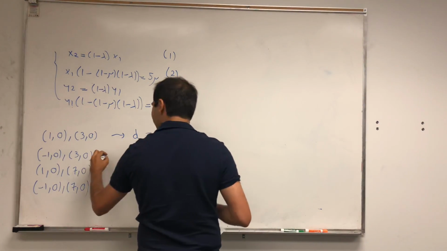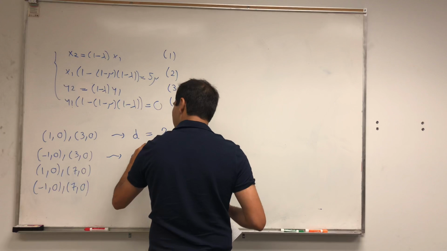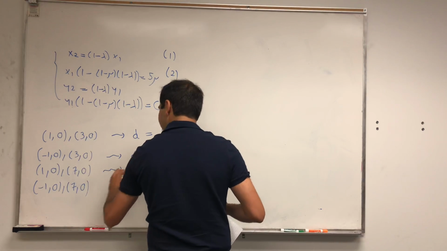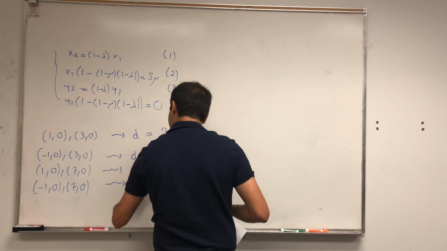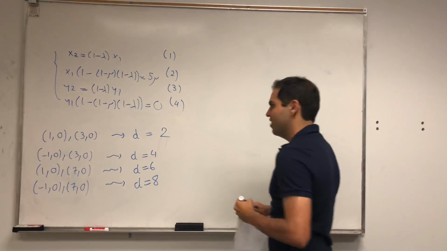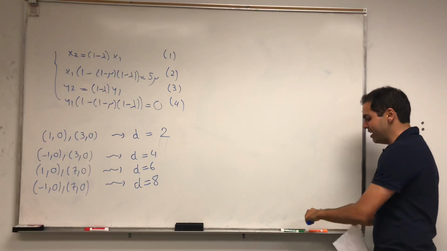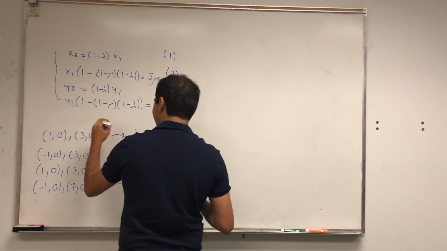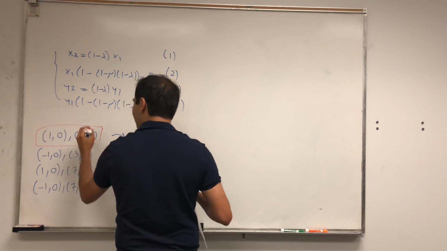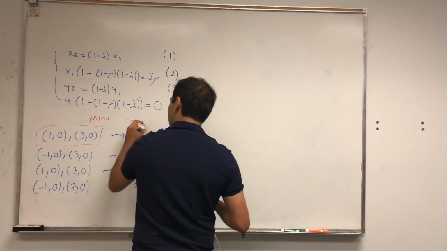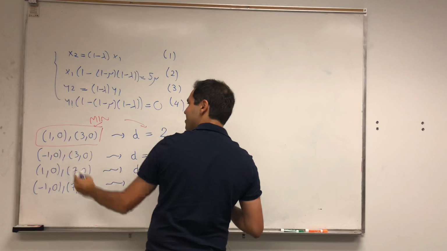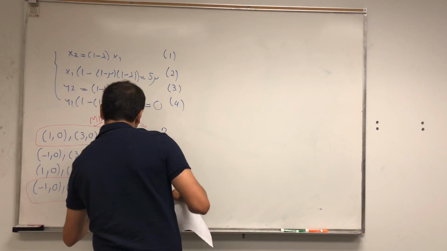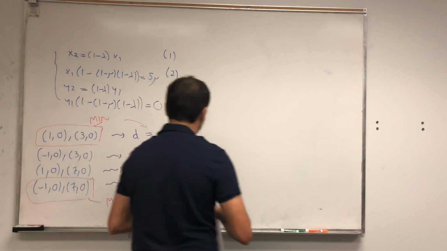So d is 2, and here d is 4, d is 6, and d is 8. And so already just algebraically you can see that the smallest distance is 2, so the minimizers are 1, 0, 3, 0, and the biggest distance is 8, and those are the maximizers.